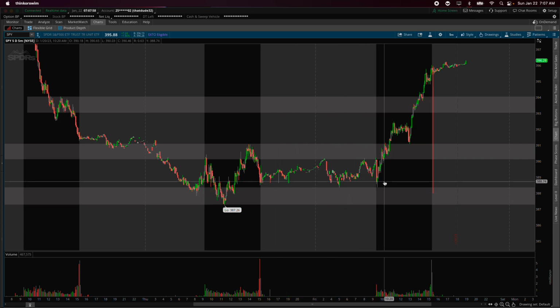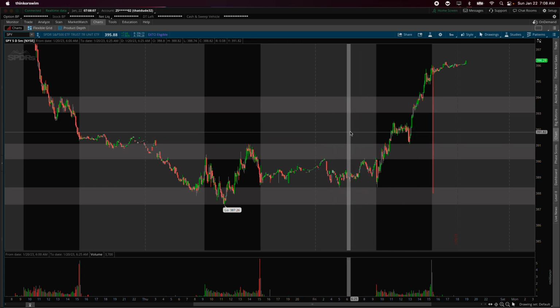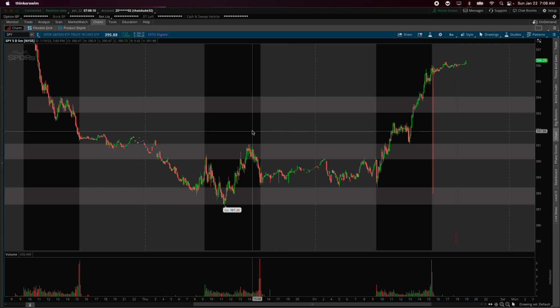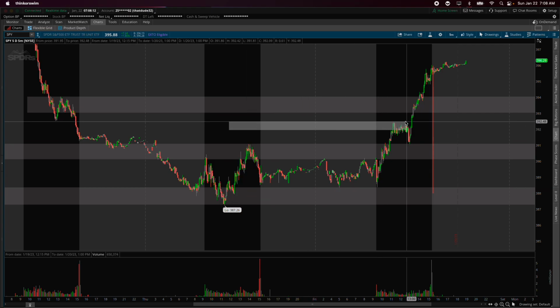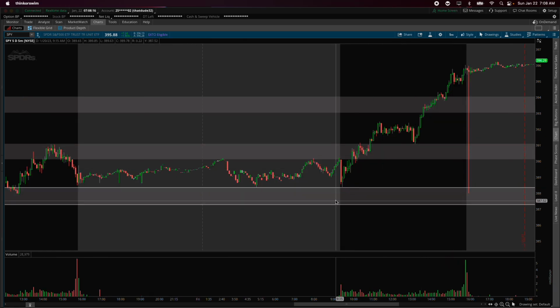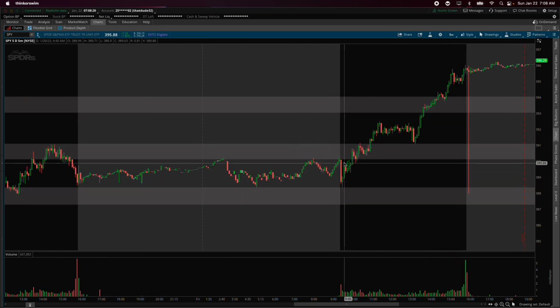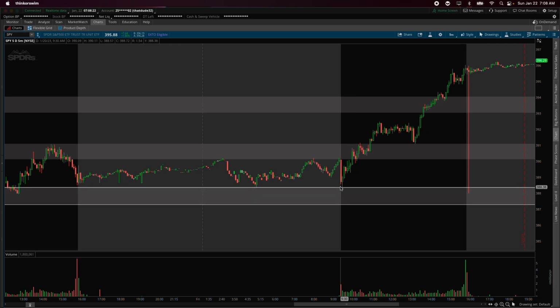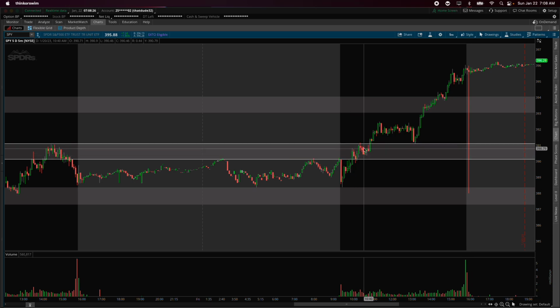With the actual zones, how I'm playing them is I'm waiting to see how they react. So let's zoom in here. Just because it's hitting the zone doesn't mean that you should just short or that you should go long.